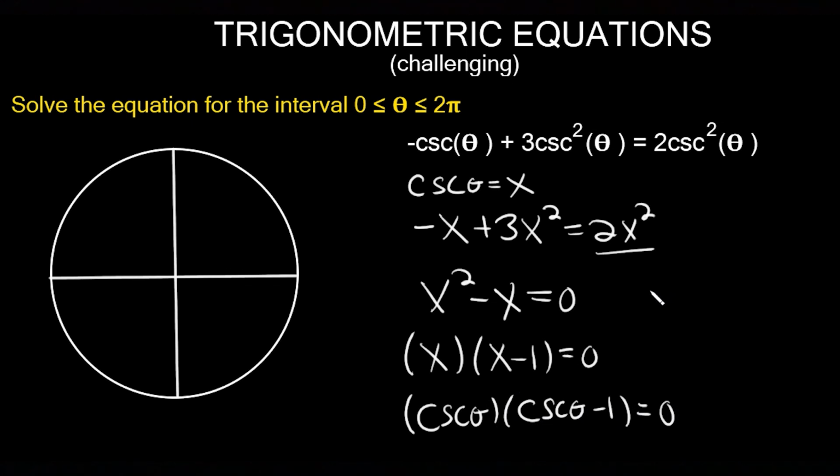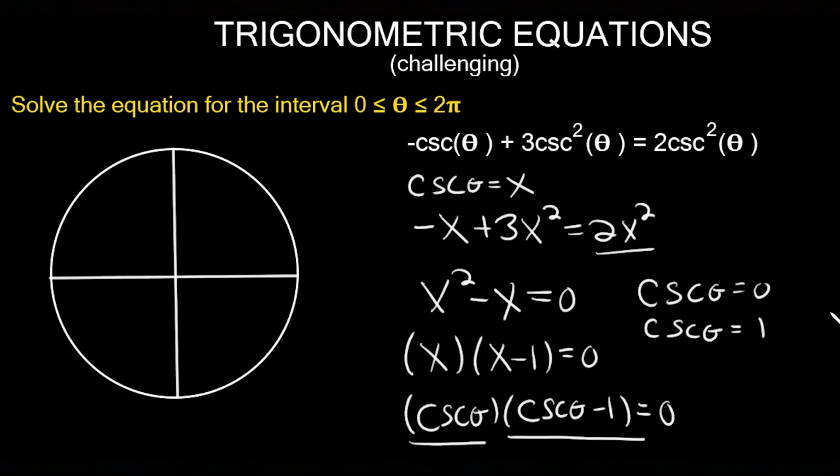And so when I solve both of those, again, I have to take each one of these factors, this factor here and this factor here, set it equal to 0 and solve, you get cosecant theta equal to 0. And then you get cosecant theta is equal to positive 1. Again, adding that 1 over. Now, if you saw my last video on solving simple trig equations, you know that I do not like leaving things in terms of the reciprocal trig functions.